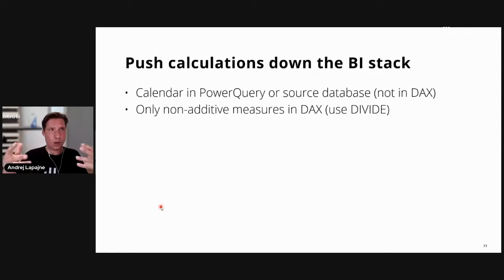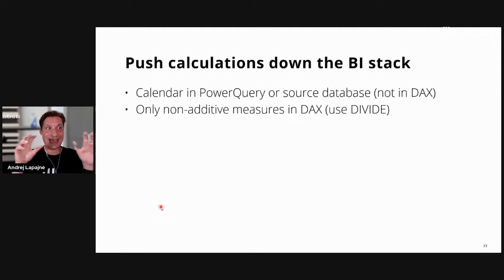So you do not want all of those formulas to get triggered every time people change something in a report, right? If you do it, for example, in Power Query, what will happen? The calendar will be generated and calculated at the time when data is loaded, but not at the time when the user clicks on a report.